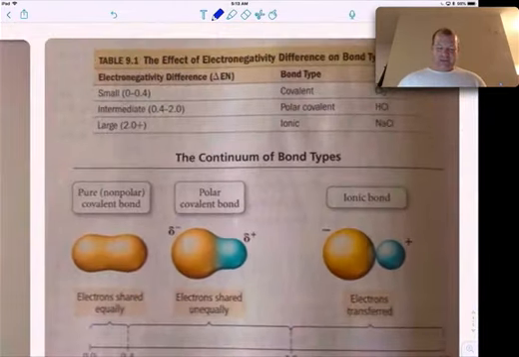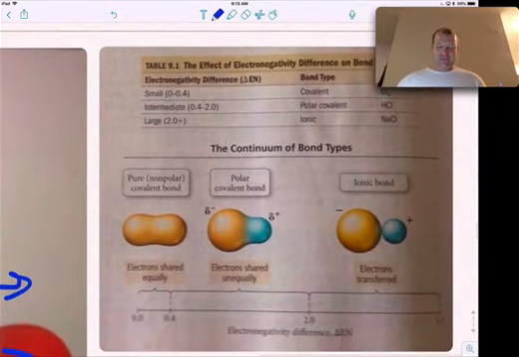And here is this chart. This is something I disagree with. So the electronegativity difference of 0 to 0.4 is called a covalent bond. The reason for this is organic chemists. If you talk to an organic chemist, they will tell you that hydrogen and carbon have a completely covalent bond. That's not true. Carbon is more electronegative. The electron density goes towards carbon in a hydrogen-carbon bond.